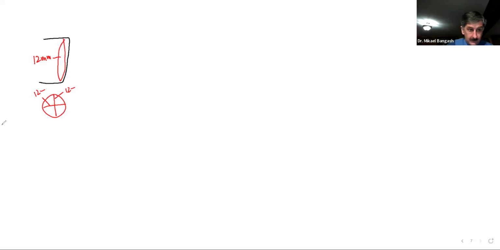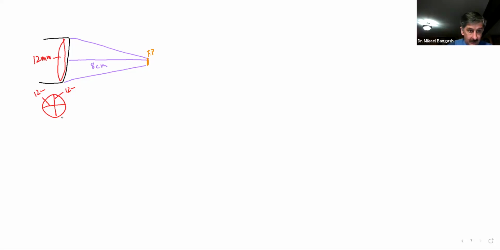Now what they gave us is a beam. This distance here is your focal depth, which is 8 centimeters. Although not given in the picture, this here is your focal point.